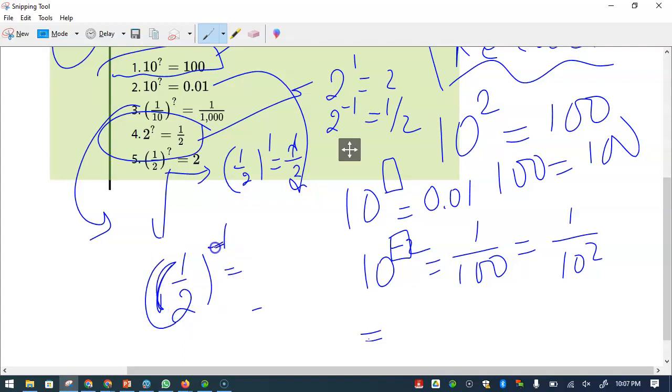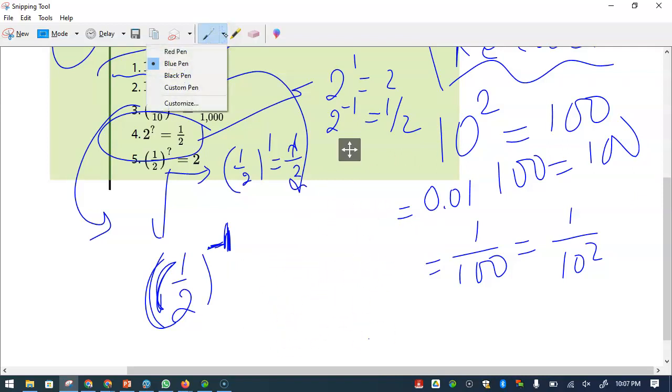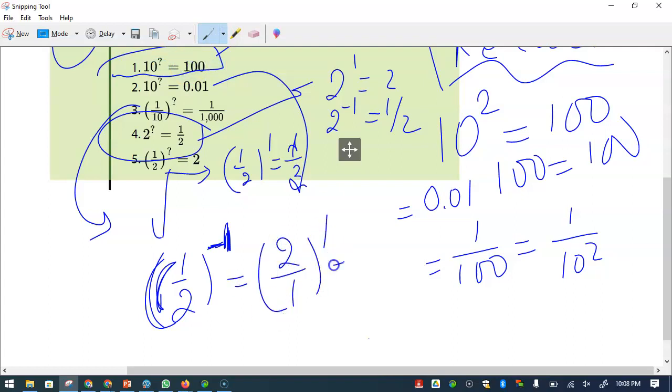What is minus 1? It's the reciprocal of whatever. So you have A over B raised to minus 1 basically means B over A. So you use that rule here and say, hey, if it is minus 1, it has to be 2 over 1 raised to 1, which is 2. So hope that helps.